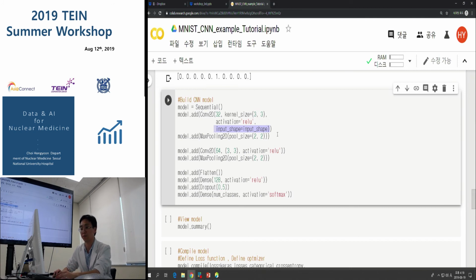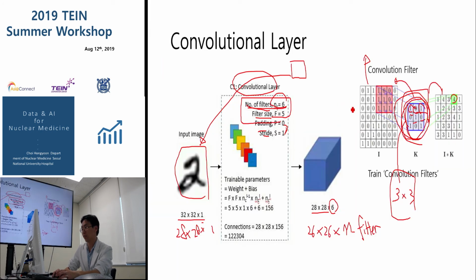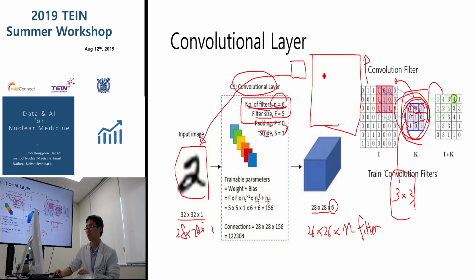And the max pooling layer is somewhat simple. This is summarizing images. For example, if we have 28 by 28 images, after the max pooling layer, it finds the maximum number for each 2 by 2 pixels.